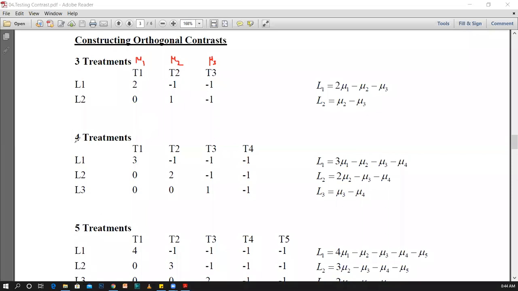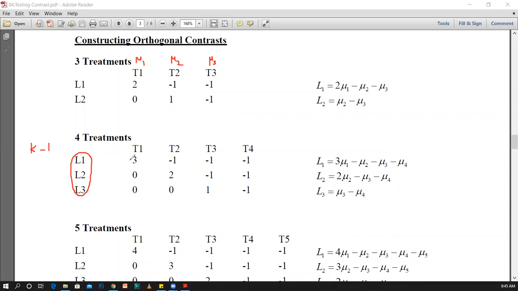If you consider 4 treatments, as previously, first you write the treatments in column manner and the contrasts in row manner. Always k minus 1 independent contrasts should be there, so 4 minus 1 gives 3 orthogonal contrasts.